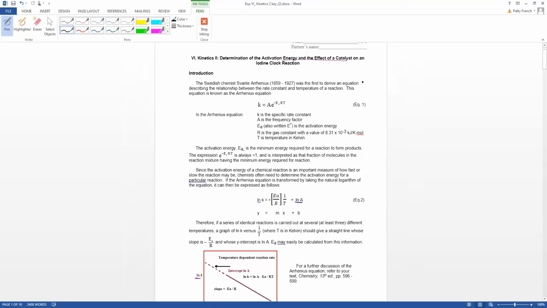We're going to finish up our Kinetics 2 experiment, determining the activation energy and the effect of a catalyst on this iodine clock reaction that we've used for 2 weeks now.